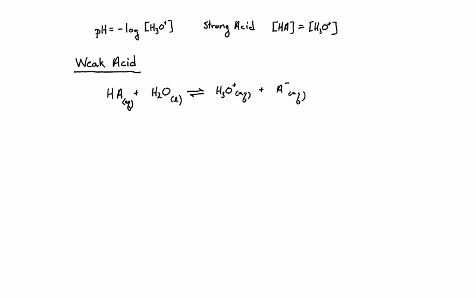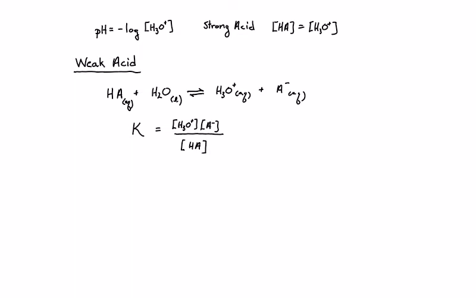Okay, and we can describe this process in terms of an equilibrium constant. Okay, this is a heterogeneous equilibrium like we've seen before. So we're going to have the concentrations of hydronium and the conjugate base up top, and the concentration of the acid on the bottom. And like we saw before, we're going to leave out water here.